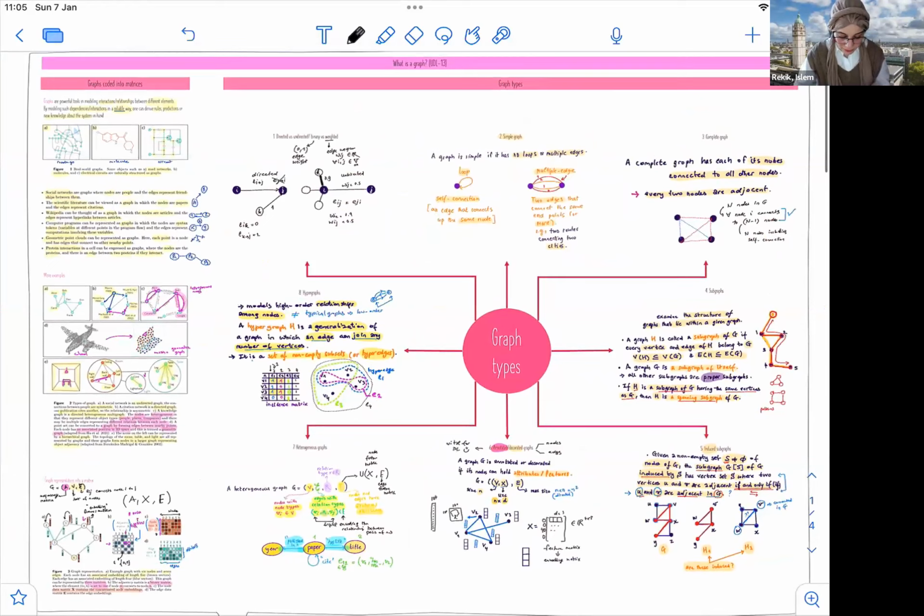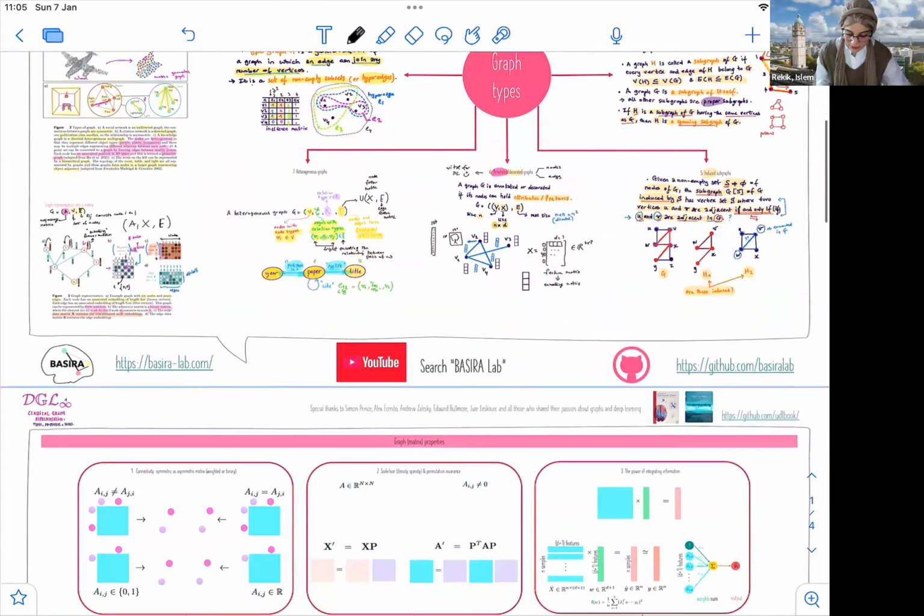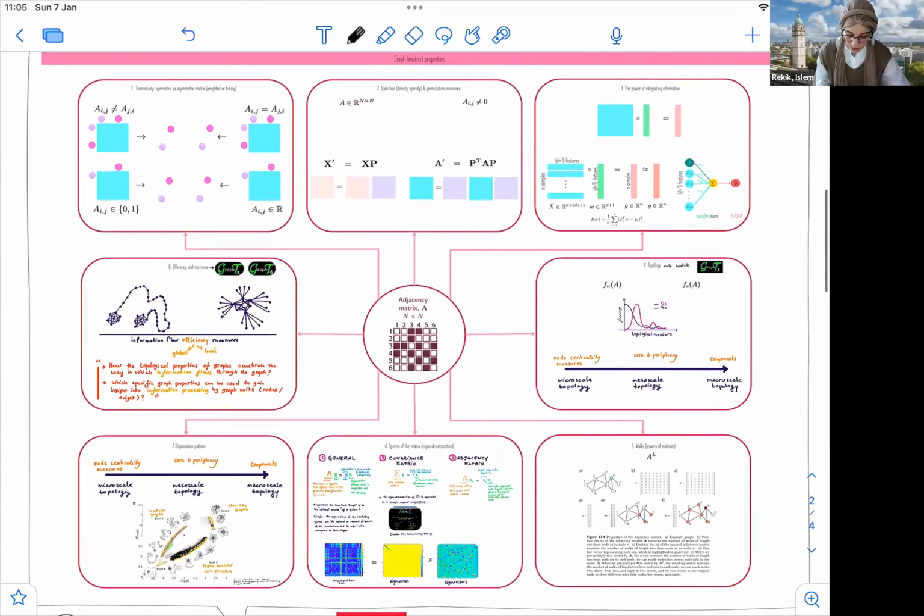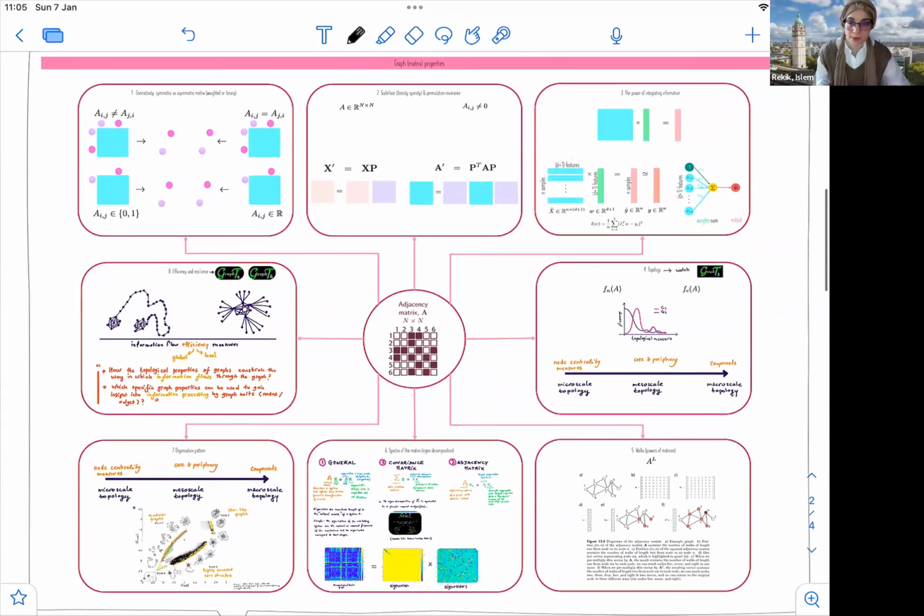So now we will move to the next topic, which is the adjacency matrix and its properties. We'll look at different properties of this matrix. And here's just an overview. This could develop over several lectures, including graph theory.